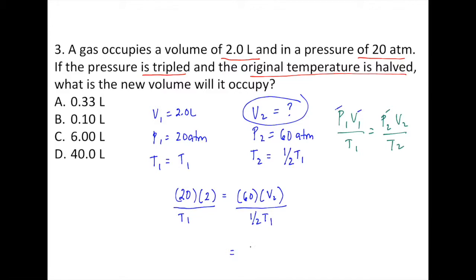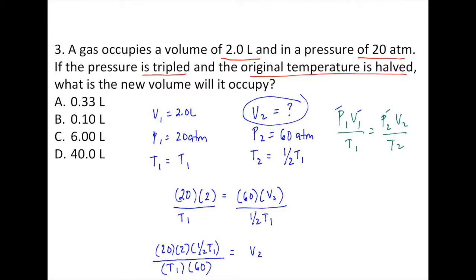Solving now for V2, that is 20 multiplied by 2 multiplied by 1/2 of T1 divided by T1 multiplied by 60.